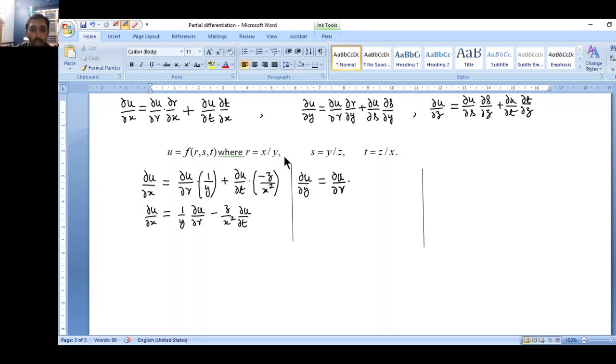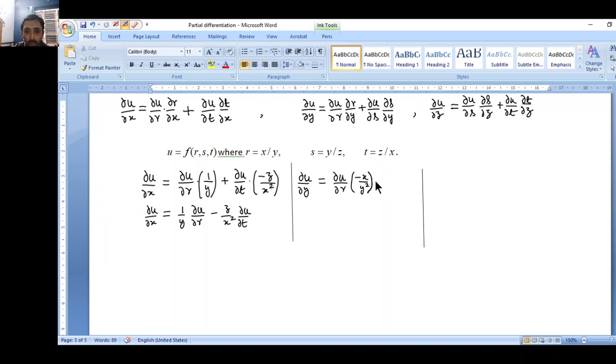What is r? r is x by y. So accordingly, I'll write this once again so that this can be written neatly. ∂u/∂r into, what is ∂r/∂y? It is going to be minus x by y². Here x is a constant and the derivative of 1/y is -1/y².